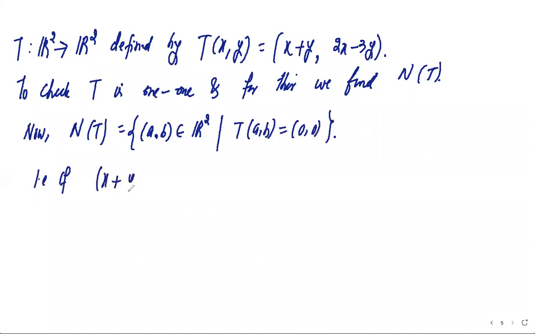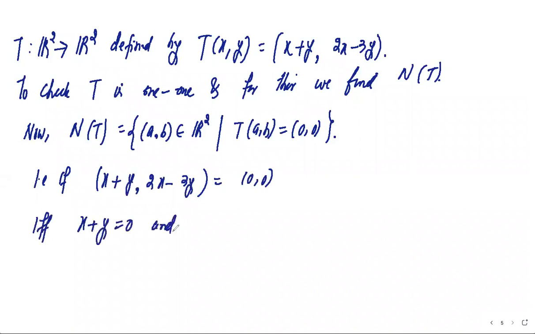So that is, if (x plus y, 2x minus 3y) is equal to (0, 0) if and only if x plus y is equal to 0 and 2x minus 3y is equal to 0.